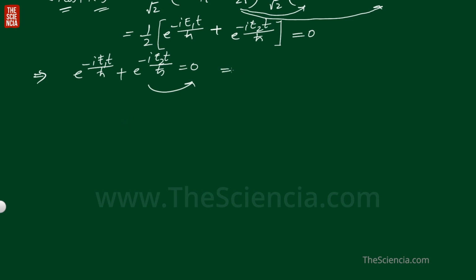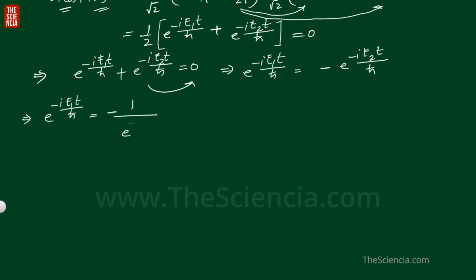So I can rewrite this as e raised to minus i E1 t by h cross is equal to minus e raised to minus i E2 t by h cross. Again, e raised to minus i E1 t by h cross is equal to minus 1 by e raised to i E2 t by h cross.